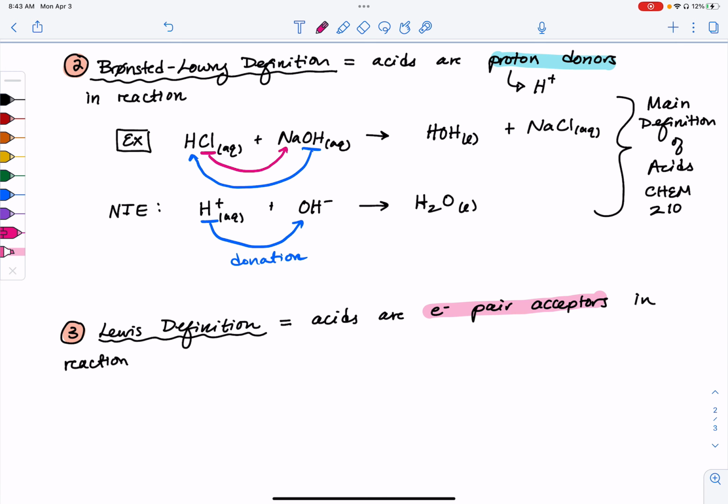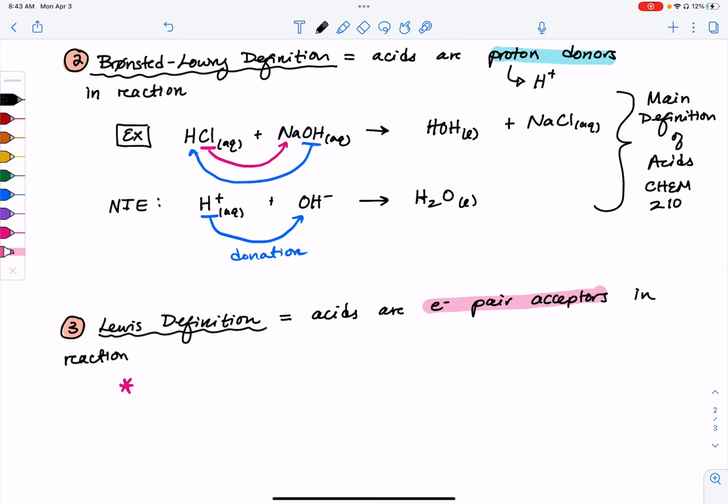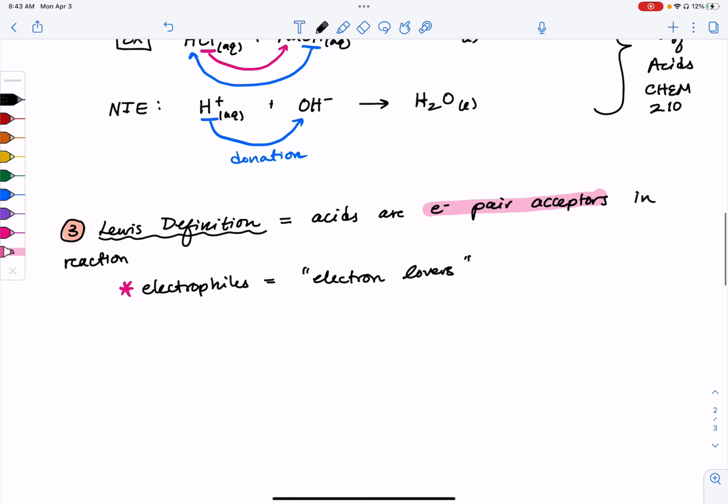We call these electrophiles. So electro meaning electron, philic, right? That means to love. So electron lovers, these are things that are attracted to electrons.